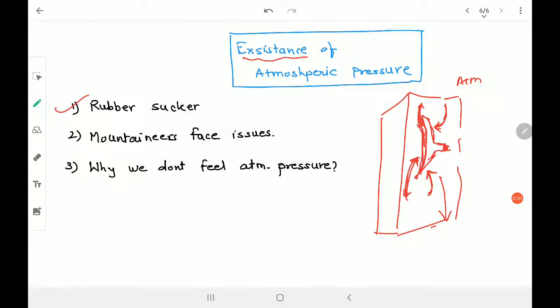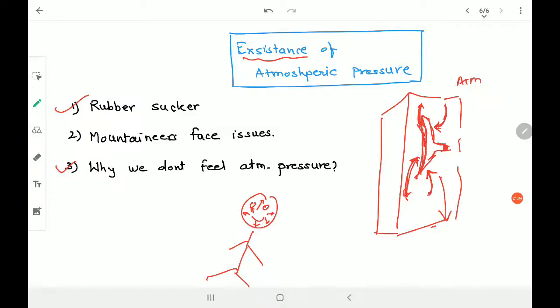Right? So why don't we feel the pressure? That heavy pressure that is applied, why don't we feel it? Now let us see why we don't feel that pressure. Because we are continuously in this particular atmosphere, our body has adapted to that pressure, and inside our body we also have an equal amount of pressure as the atmosphere has.